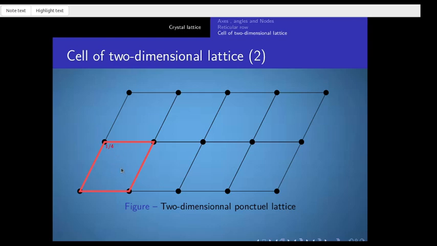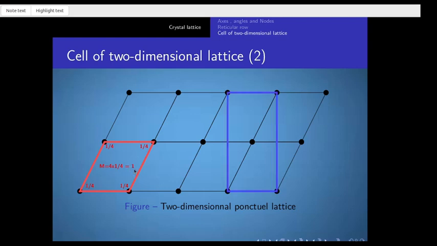Here we have a quarter of a node, a quarter of a node here, a quarter of a node here, and a quarter of a node here. That is, in this cell we have 4 quarters of a node. Multiplicity equals 4 times 1 quarter equals 1. This is a single cell which has a multiplicity equal to 1.